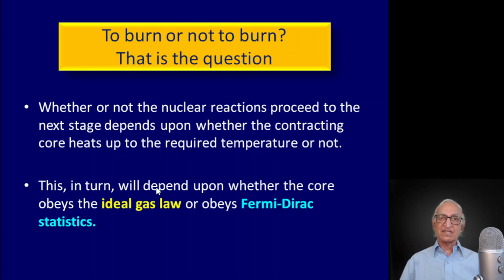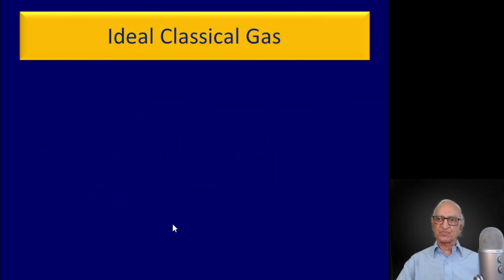This in turn will depend upon whether the core obeys the ideal gas law, Boyle's law, or obeys Fermi-Dirac statistics, which we discussed at great length in the previous lecture. And this is the reason why we discussed Fermi-Dirac statistics in the previous lecture.